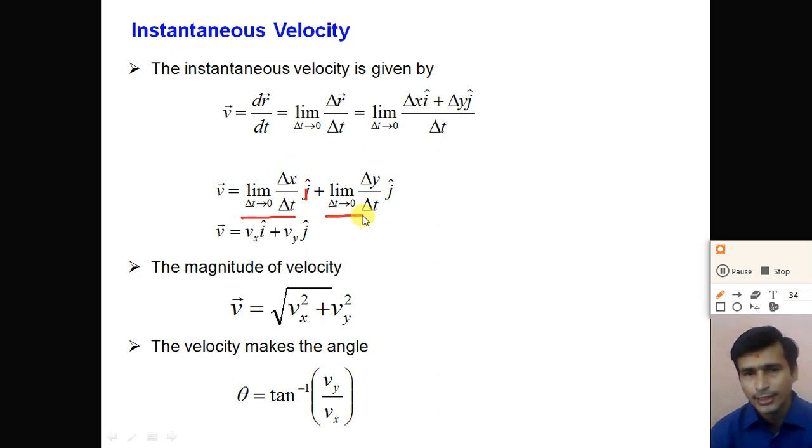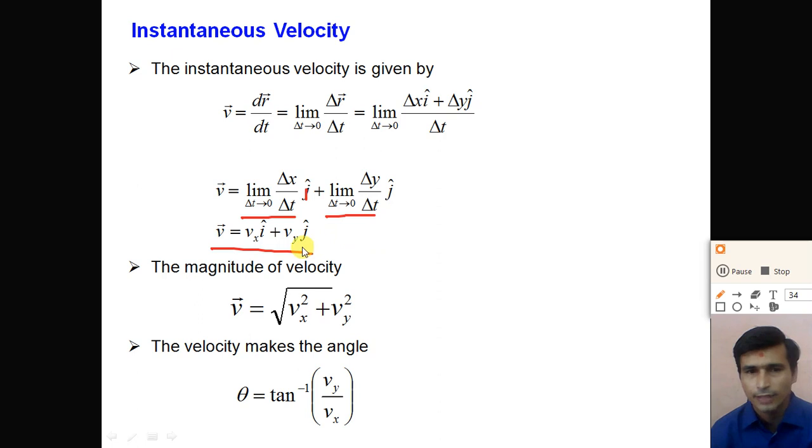And the limit as delta t tends to 0 of delta y by delta t is dy by dt, the y component of the instantaneous velocity. So we take v equals vx i plus vy j. We get the instantaneous velocity vector in 2 dimensions, or in 3 dimensions we take a third component: vx, vy and vz.